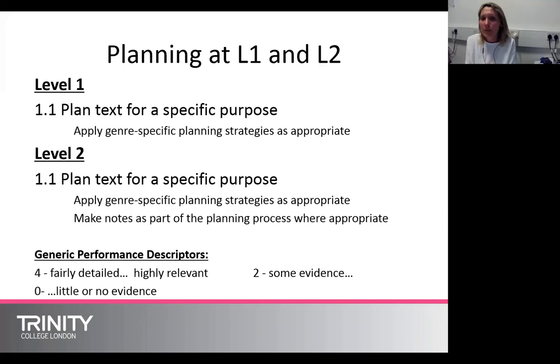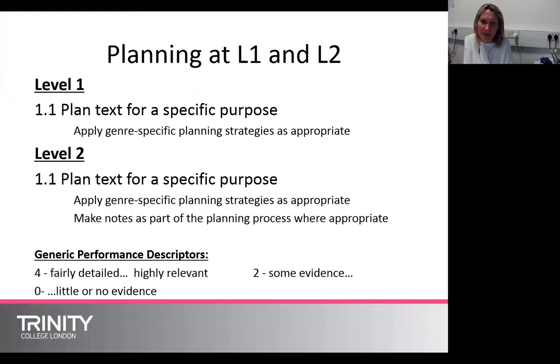So let's have a look at planning at level 1 and level 2. The candidate is asked to plan at least 1 answer, 1 task. They can plan 3 or 2. The final task, the informal message or email to a friend, is the one that we wouldn't normally plan in real life.